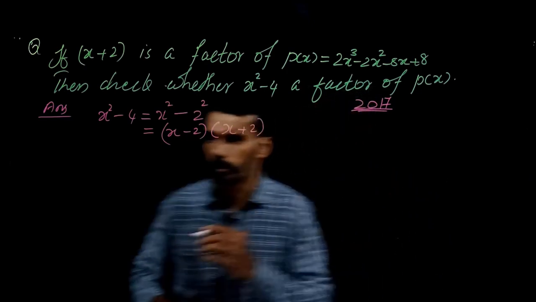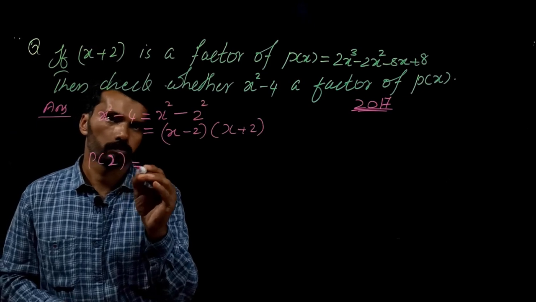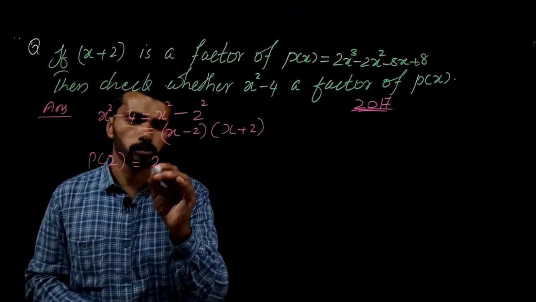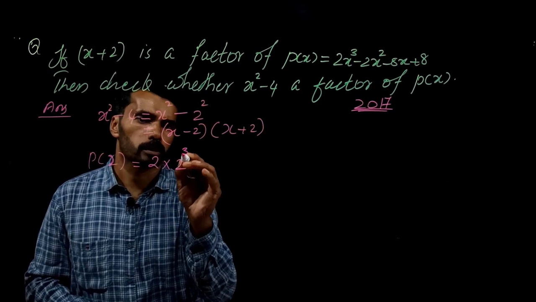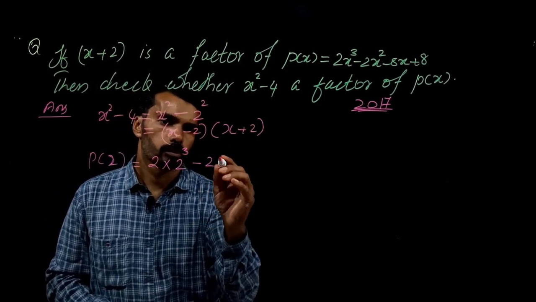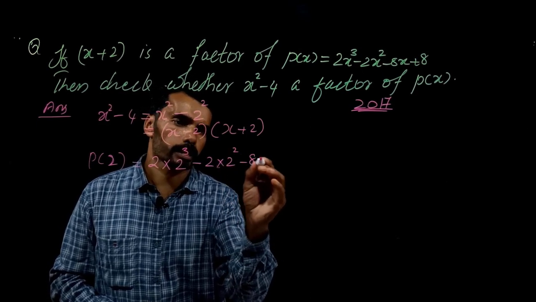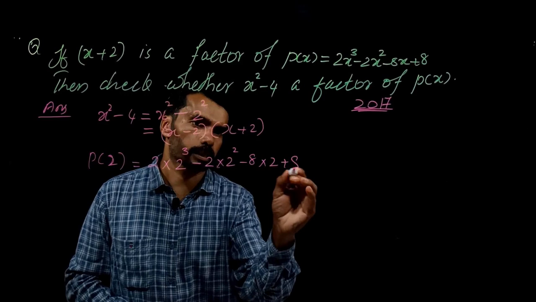So P of 2 is equal to, here, 2 into 2 cube minus 2 into 2 square minus 8 into 2 plus 8.